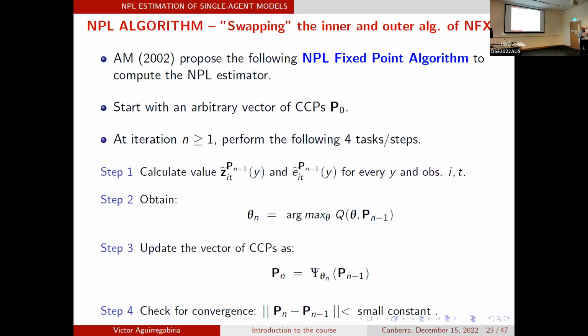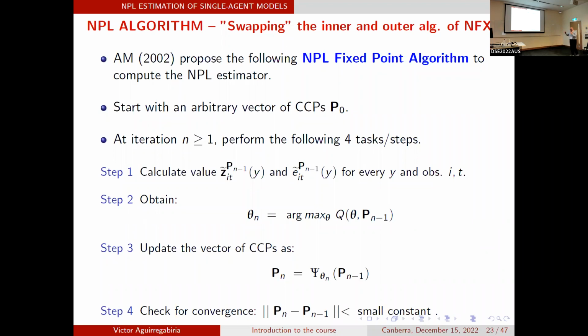Let's put the maximization with respect to theta in the inner algorithm, and let's put the policy iteration, the solution of the dynamic programming problem, outside. Such that we are solving the dynamic programming problem only at the end, once we have converged to our estimator. For every trial value of theta, we are not solving any dynamic problem. And that, in principle, could give us computational savings.